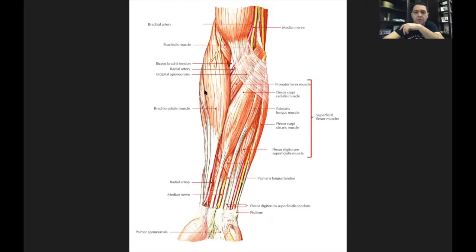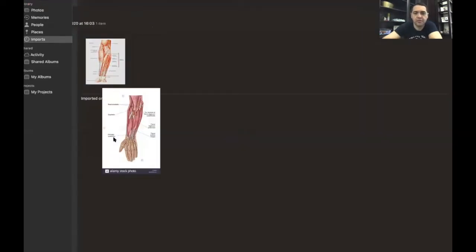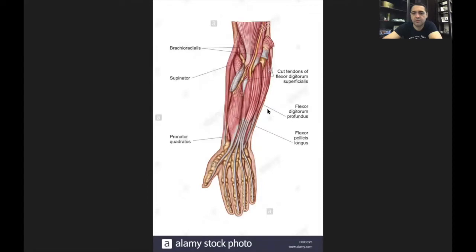Okay, here we have closer to the brachioradialis, and then we can see the profound layer, which is also very important. Here we have flexor digitorum profundus, going until the end of the digits, of the second until fifth.